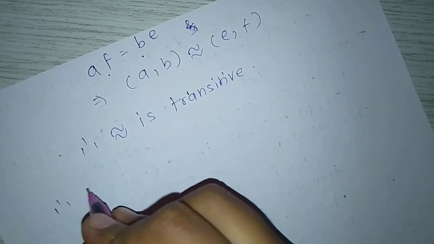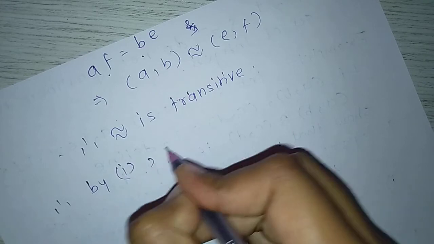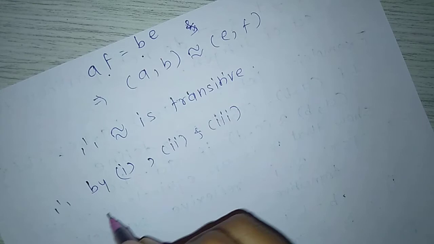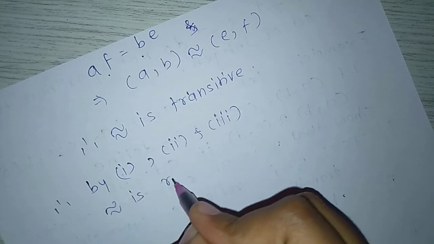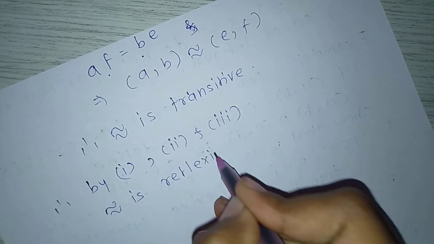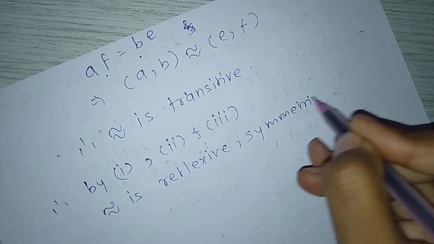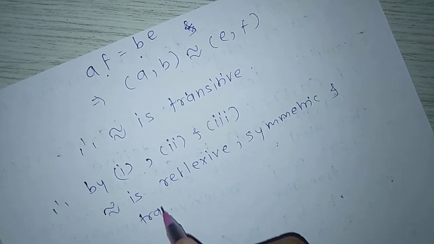Therefore, by 1, 2 and 3, similar is reflexive, symmetric and transitive.